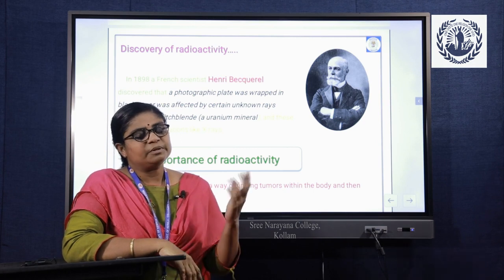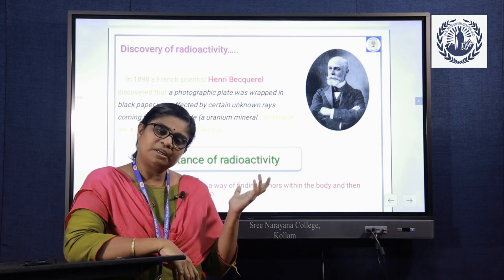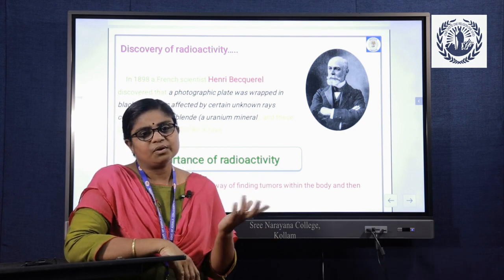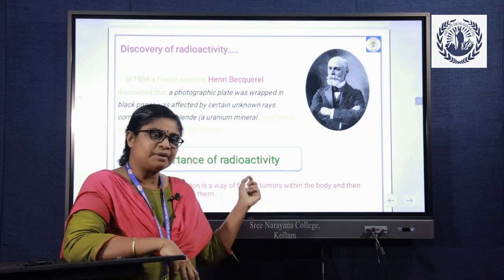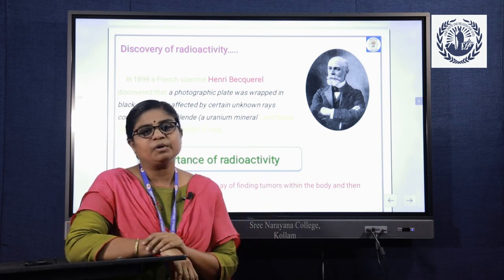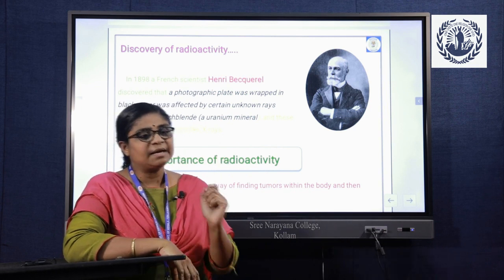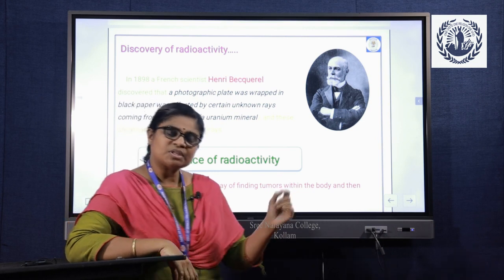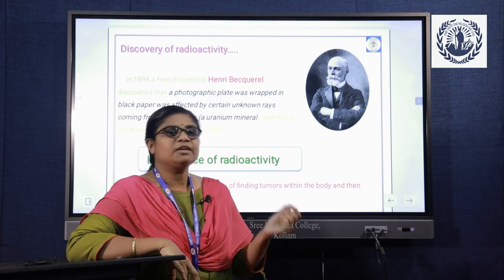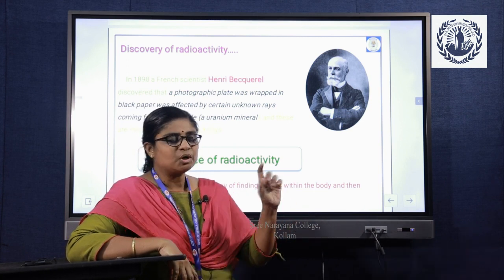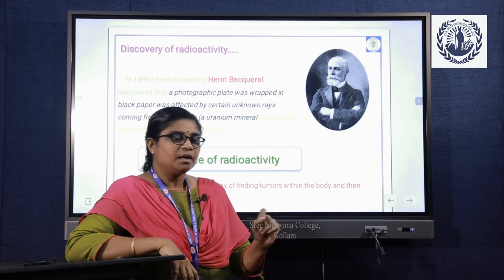Before that, inside the drawer there was a photographic film. He put the aluminum foil wrapped radium inside the drawer and went home. The next day when he came back and took the radium, he noticed that the photographic plate inside the drawer was affected by some radiations, because he noticed some spots on that plate.